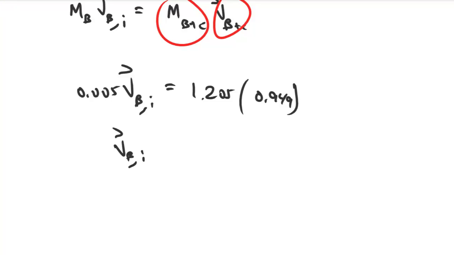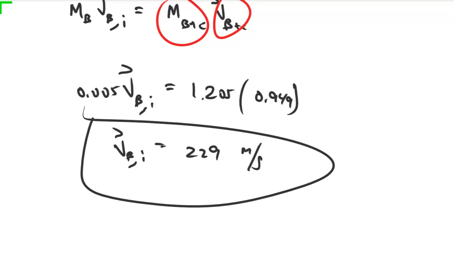VB initial is equal to 229 meters per second. Is how fast it's going, which is, I guess, fairly reasonable for a bullet. It's very fast, but bullets travel very quickly.